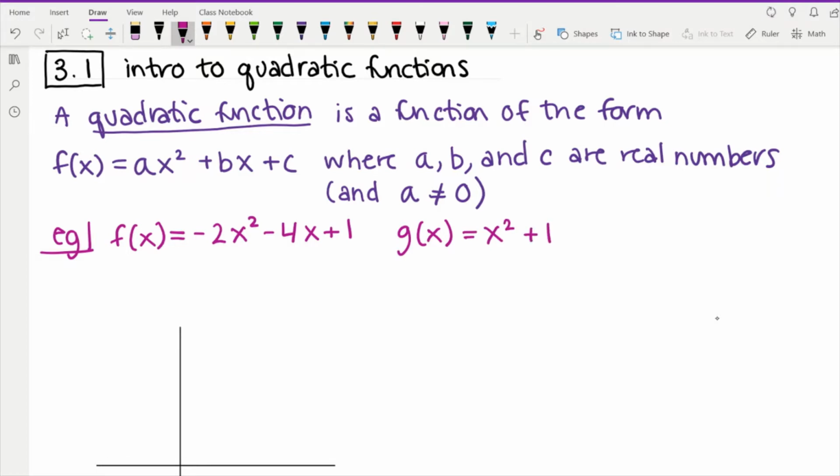It doesn't have any just x term. And so that would mean that b is 0 in that one. You could also have something like h of x is equal to 3x squared minus 15x. So that would be an example of a quadratic function where there's no constant term. There's no just number being added at the end. But notice they all have an x squared part. That's really the defining quality of a quadratic function.